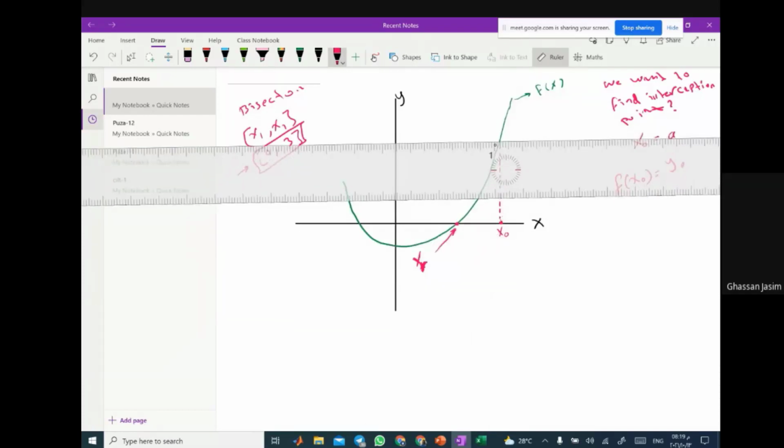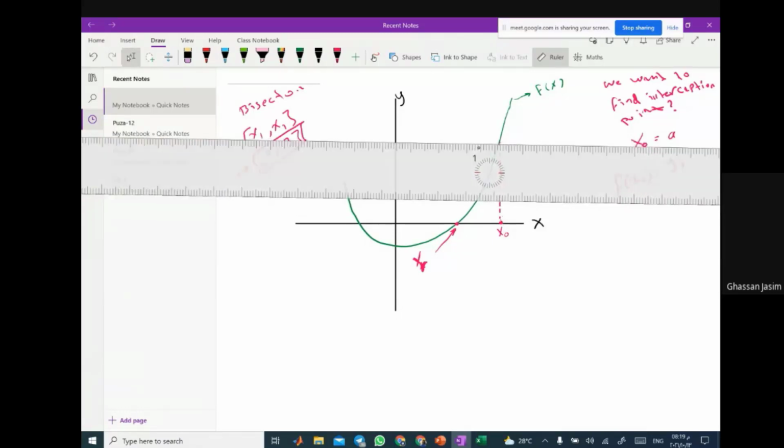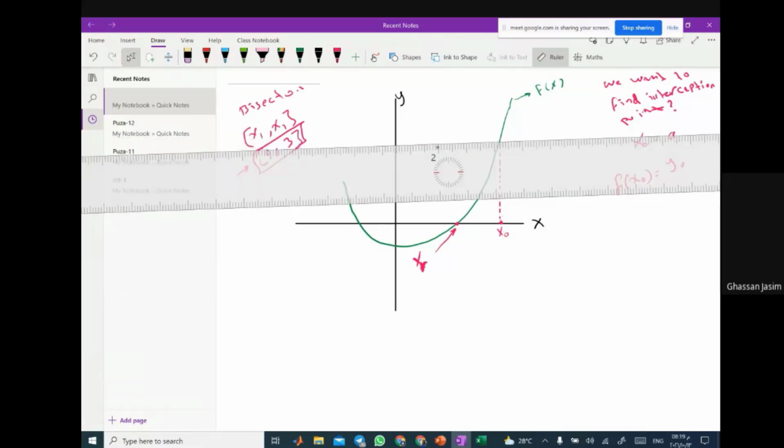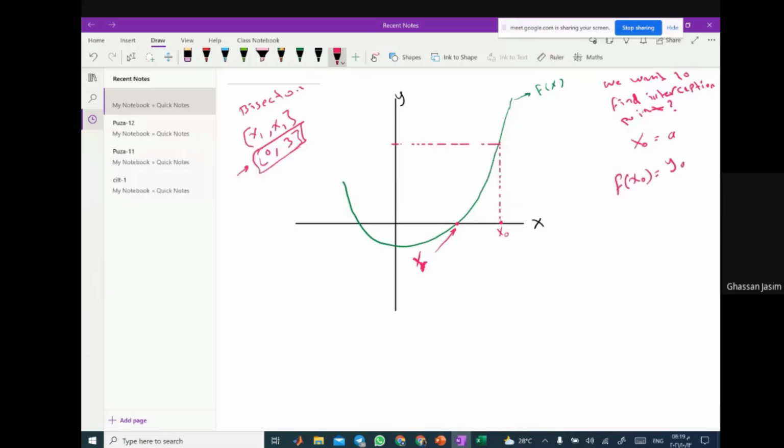Now we will get what? If we substitute this x in the function, we will get f of x naught. This. Now, we take something named the slope at this point.